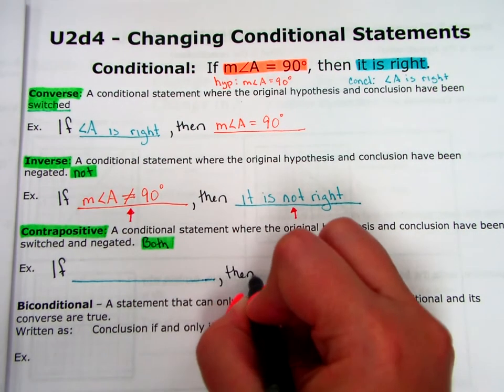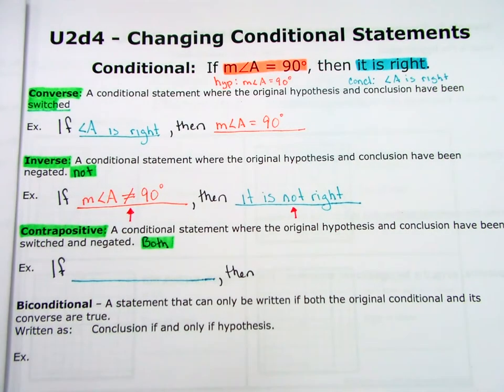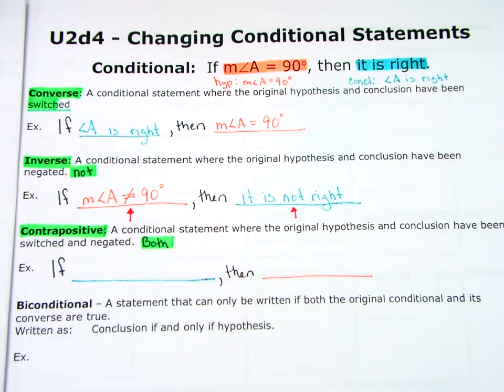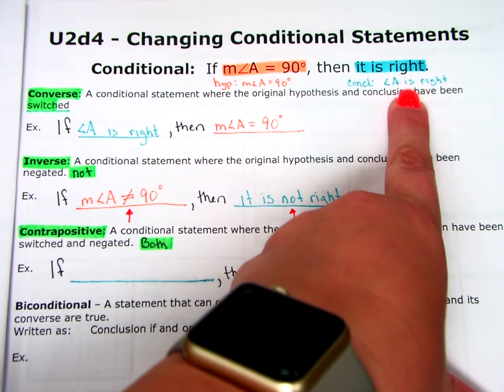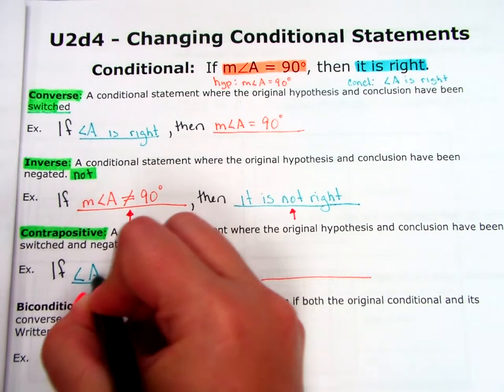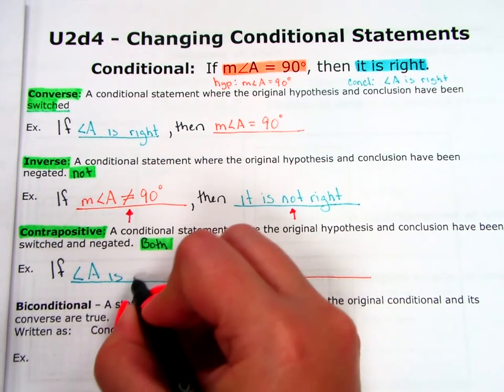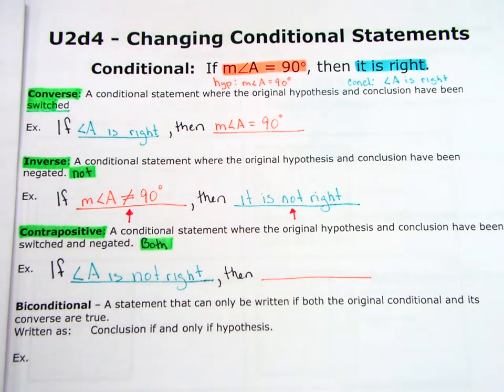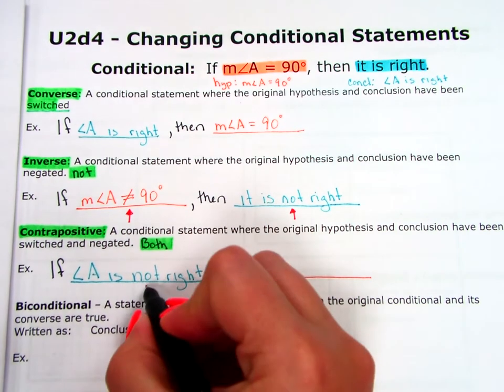Then I'm going to use my hypothesis. My conclusion is angle A is right, but I need to put a not in there. So what am I going to say? Angle A is not right. If angle A is not right, and so I negated it right here.